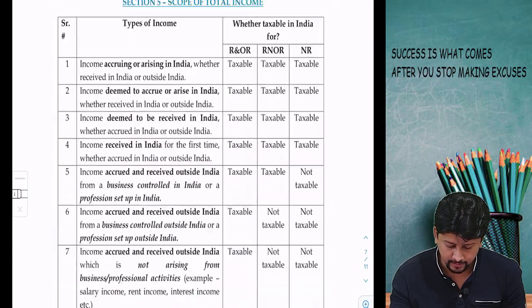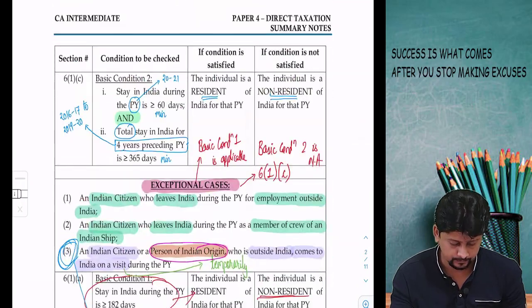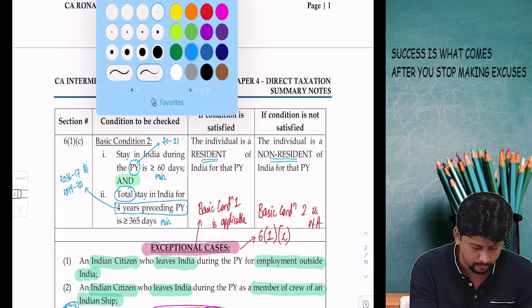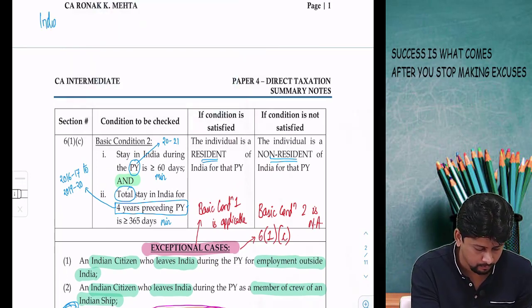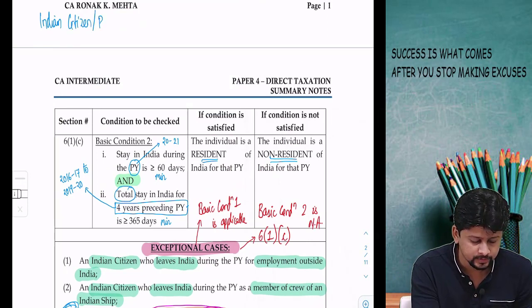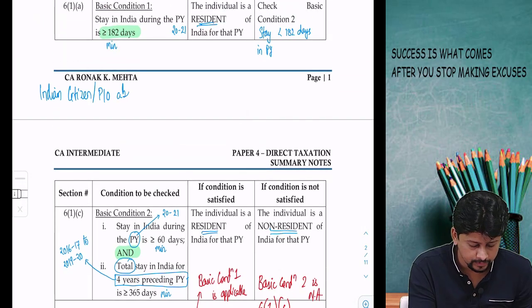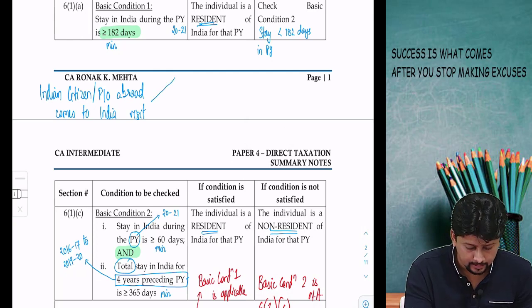That if I am an Indian citizen or a person of Indian origin who is abroad and who comes to India for a visit, then I have two possibilities.